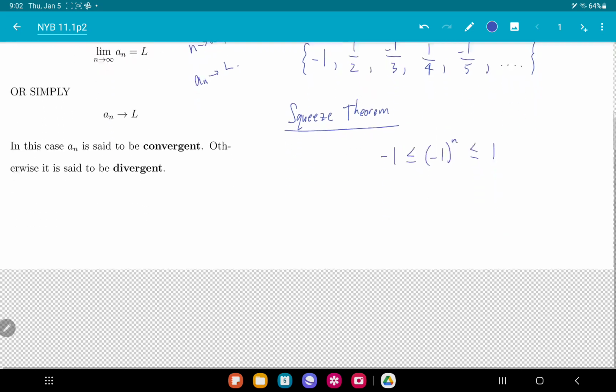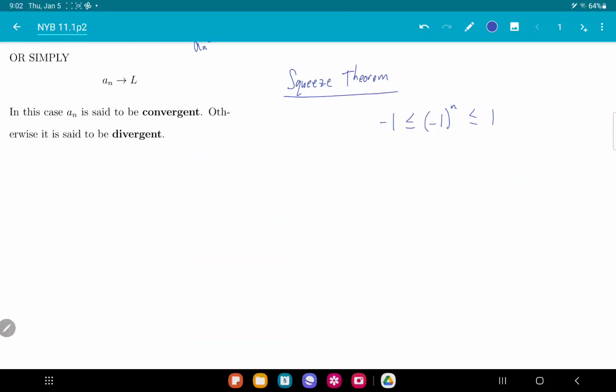And something good will happen, I promise. So I get -1 over n, then I get my alternating bit over n in the middle, and finally 1 over n at the end.